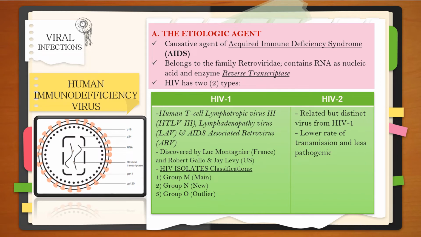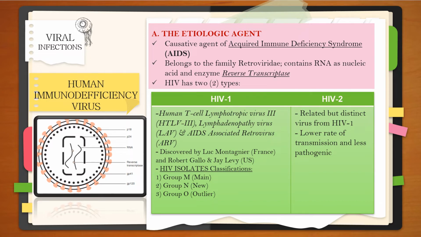HIV-1 is further classified into three isolates. The group M, or the main group, is actually responsible for the majority of HIV infections. Group N for new group, and outlier group for group O. Your groups N and O are largely confined to parts of West Central Africa.